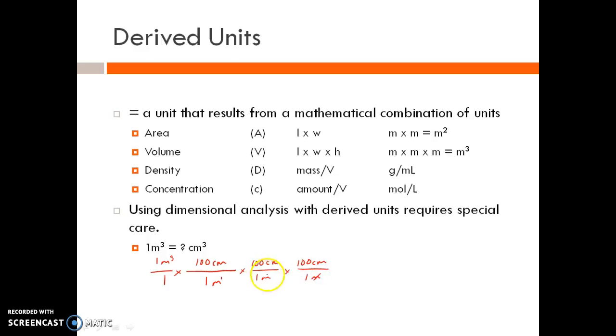So these 3 meters would then cancel out cubic meters, and I would have centimeters times centimeters times centimeters equaling cubic centimeters. And we have 1, 2, 3, 4, 5, 6, so we have 1 times 10 to the 6th cubic centimeters. So we have to be very careful when using derived units in our dimensional analysis.